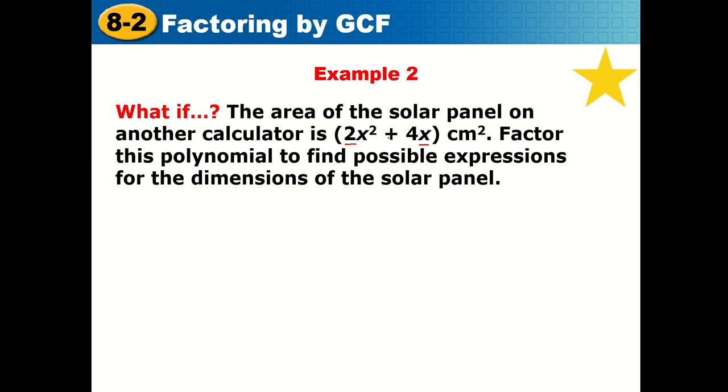If we look at the greatest common factor of 2x squared and 4x, it's going to be 2x. So 2x is our greatest common factor. Then we're left with x plus 2. And again, if we check, 2x times x equals 2x squared, and 2x times 2 equals 4x. So this right here is the possible dimensions of the solar panel.